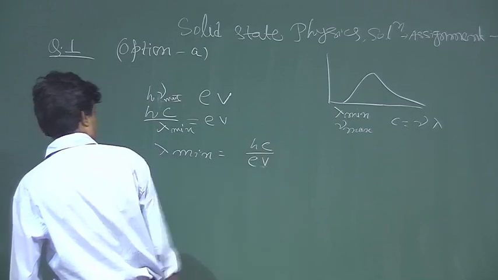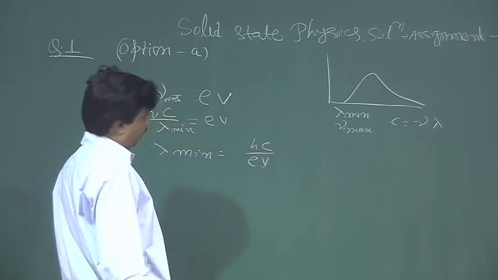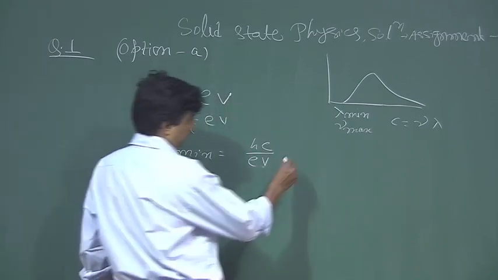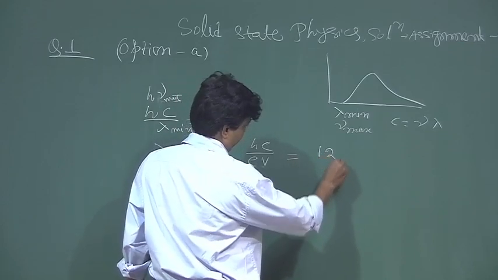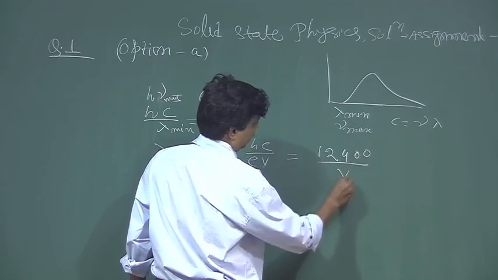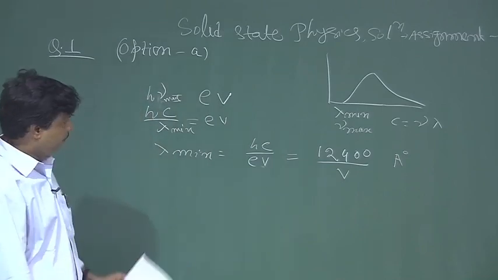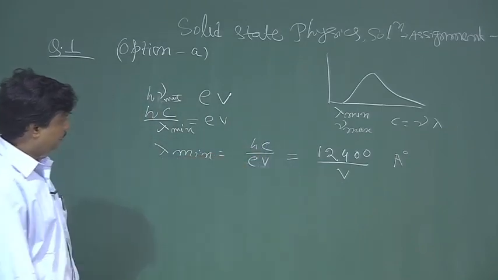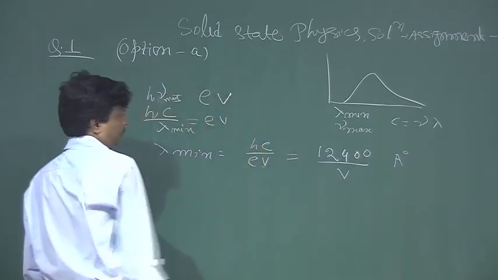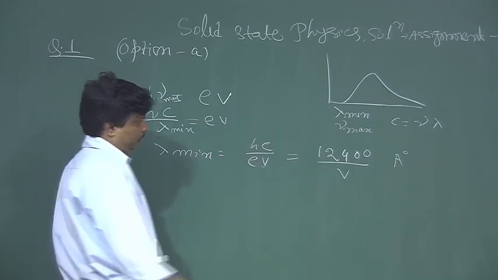However, if we convert this into our well used unit like Angstrom, then it is coming 12,400 by V in Angstrom unit. After converting all this into our frequently used unit Angstrom, we get this, where h is Planck's constant, c is the velocity of light in free space and V is the applied voltage.